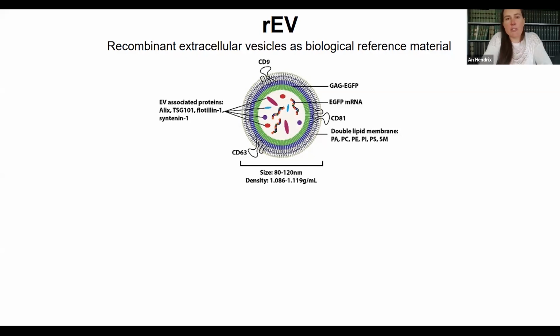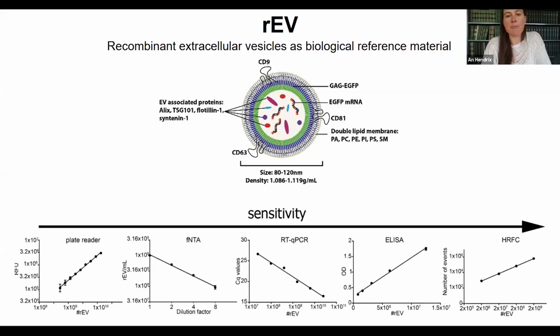Now, important for the broad application of a reference material is that, of course, it has multiple readout options that are available in routine laboratories. We demonstrated that based upon fluorescent measurements of the GAG-EGFP protein, recombinant extracellular vesicles can be quantified by making use of a fluorescent plate reader, by fluorescent nanoparticle tracking analysis, and also by high-resolution flow cytometry.